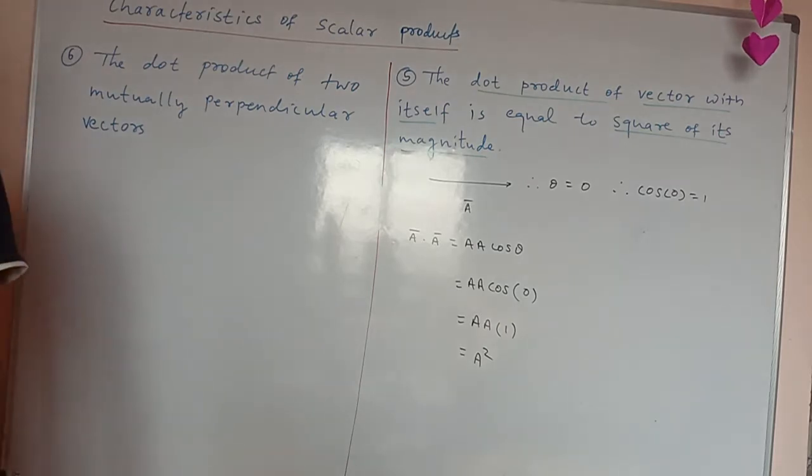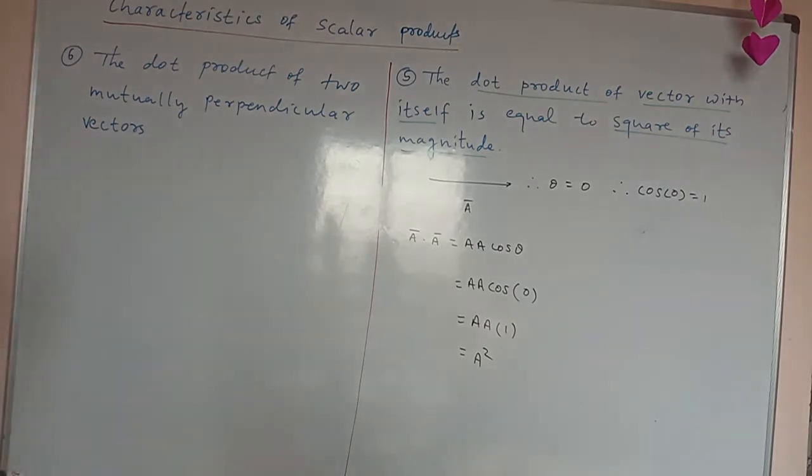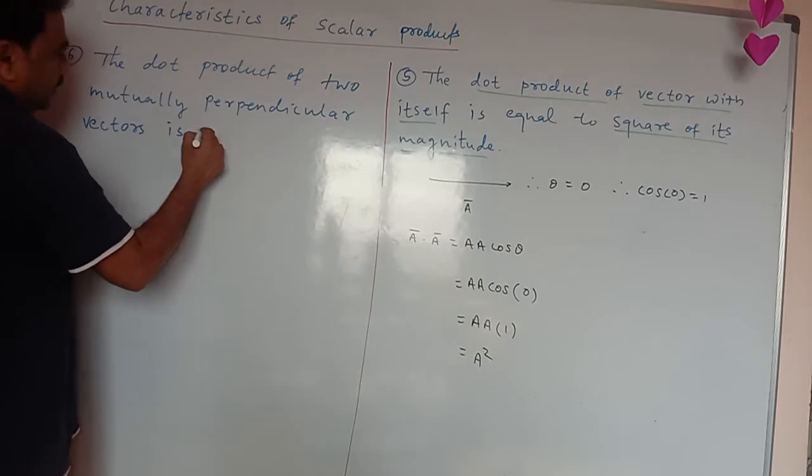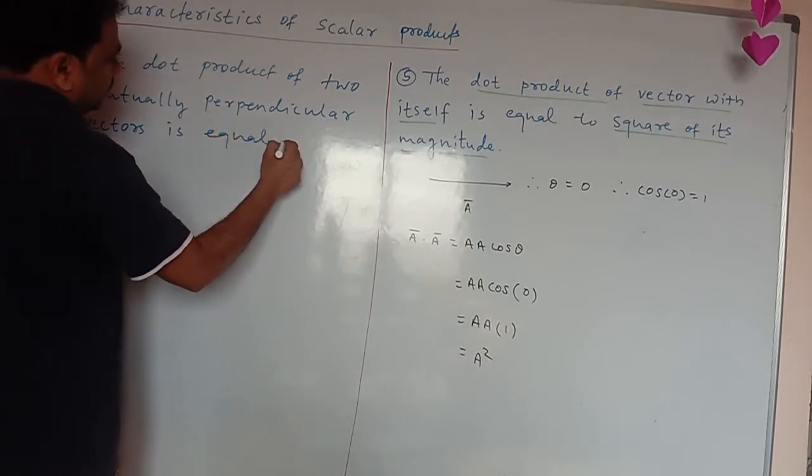The dot product of two mutually perpendicular vectors is exactly equal to 0.